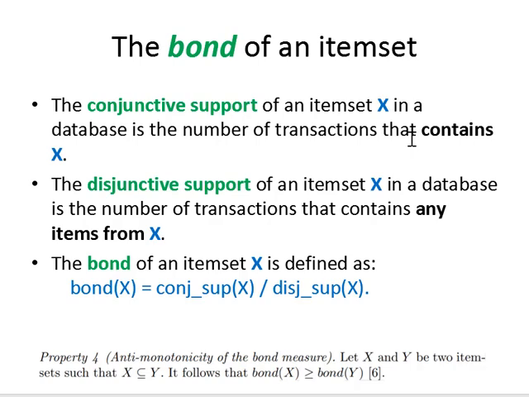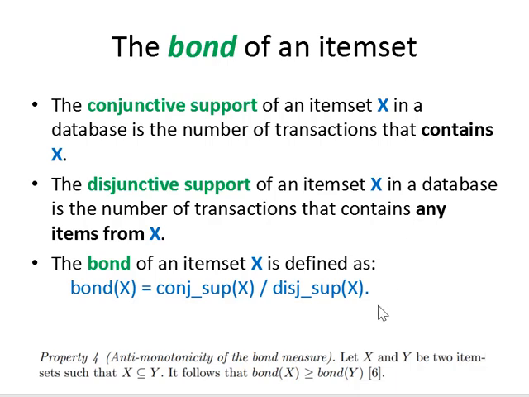Now a new concept is the disjunctive support of an item set X. If you have an item set X like AB, the disjunctive support is the number of transactions that contain at least one item from AB. So the number of transactions that contain A or B or AB together.